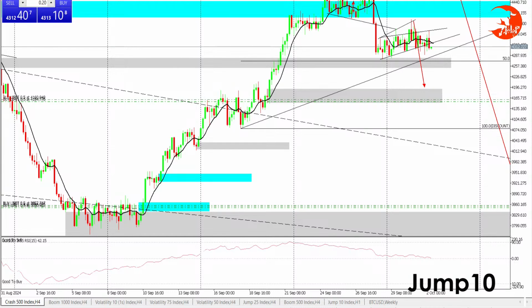At 3 the current H4 candle should be closing, and if it happens to close inside the rising wedge there, then we have no entry. But if it happens to close outside, no hesitation, just make your sell entries at 3 if it closes outside the rising wedge.